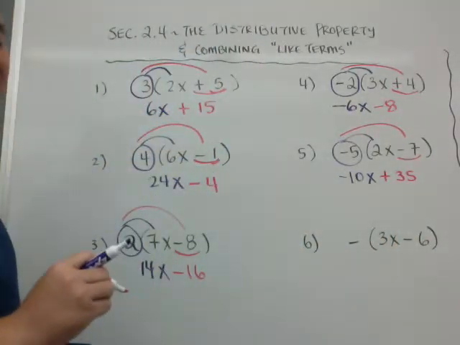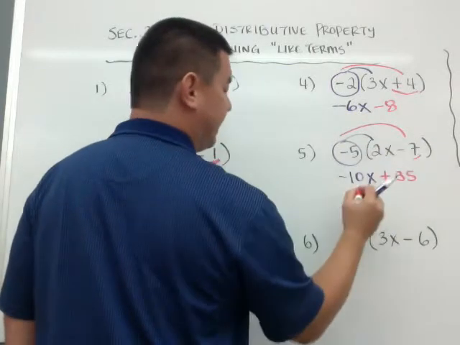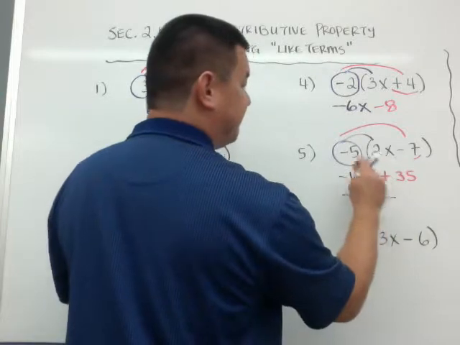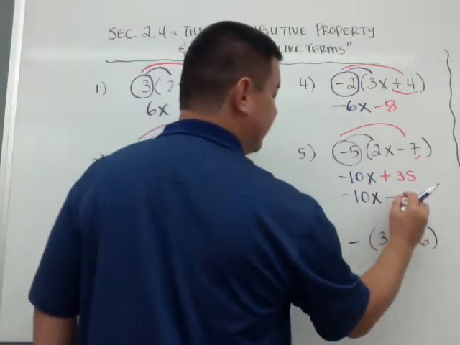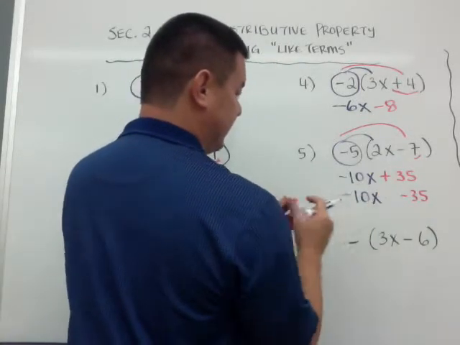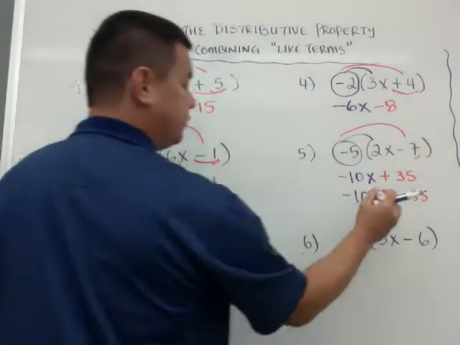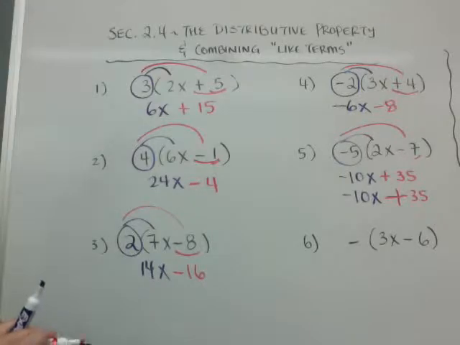Or if you did it in the other way where you only did the 7, it becomes negative 10x. Drop down the negative, and then negative 5 times positive 7 is equal to negative 35. And then this becomes, I'll do it this way, minus a negative 35, which becomes plus 35. So you get the same thing.